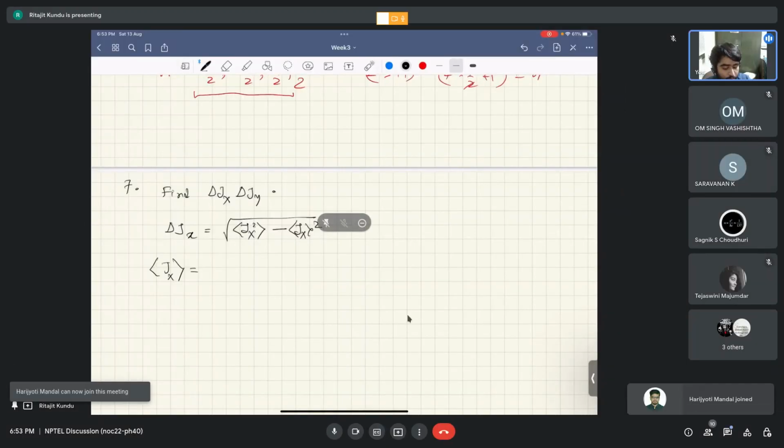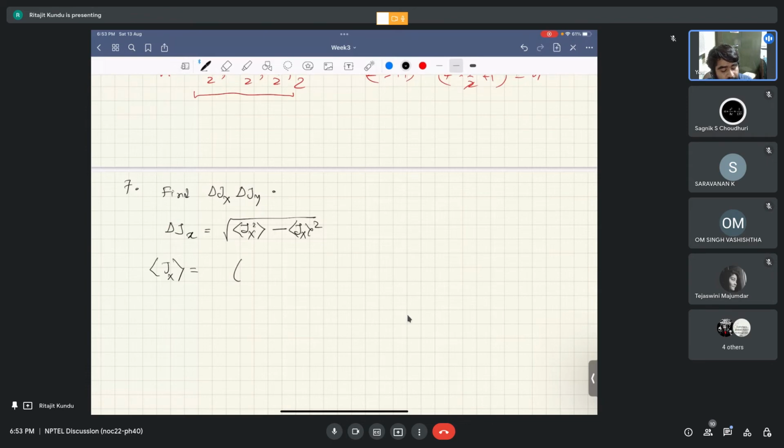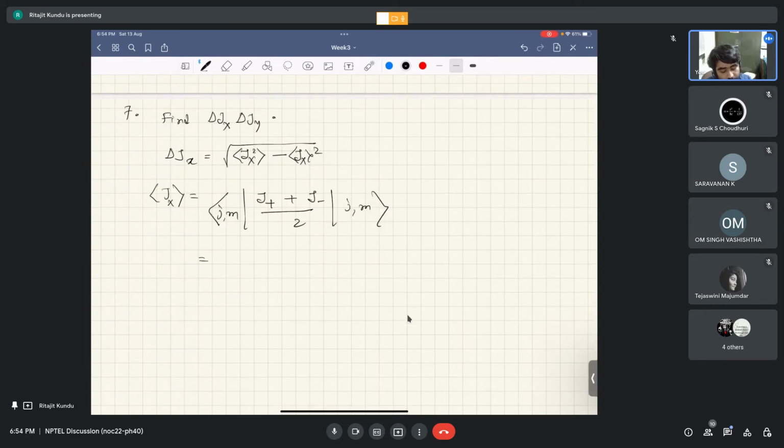Right. Particularly in this case, Jx is given by the combination J plus and J minus, divided by 2. There is some |j, m> sitting here and also some |j, m> sitting here. Let me take the half out.